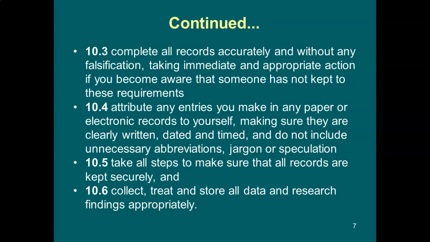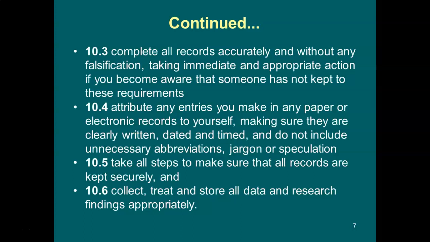You must attribute any entries you make in any paper or electronic records to yourself, making sure they are clearly written, dated and timed, and do not include unnecessary abbreviations. So think about activity 1, jargon or speculation. Take all steps to make sure that all records are kept securely. Think about data protection. And collect, treat and store all data and research findings appropriately.